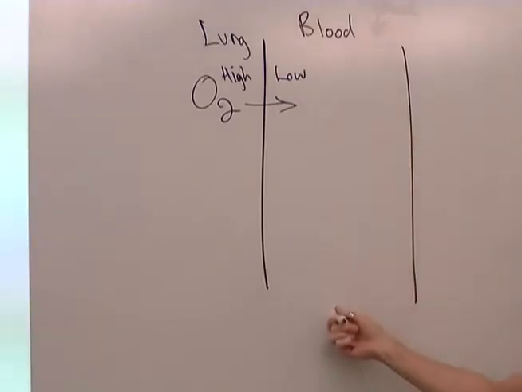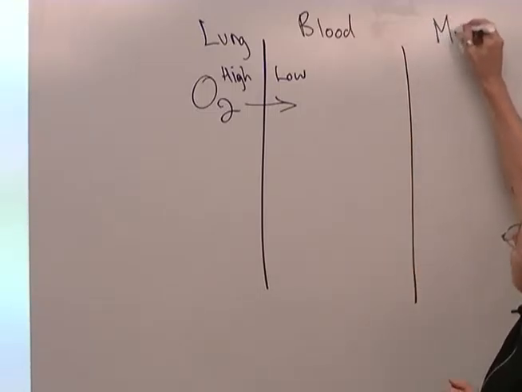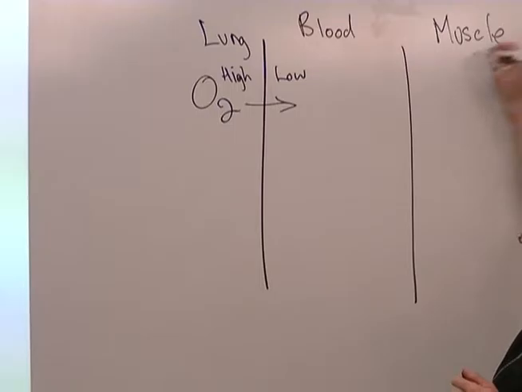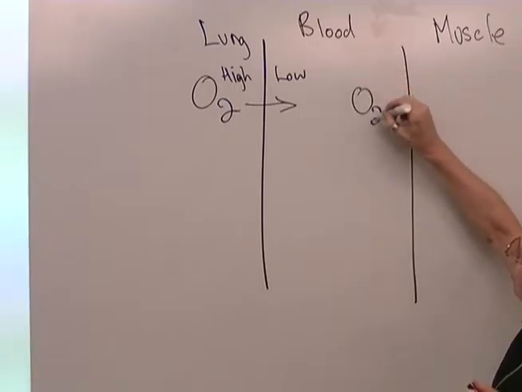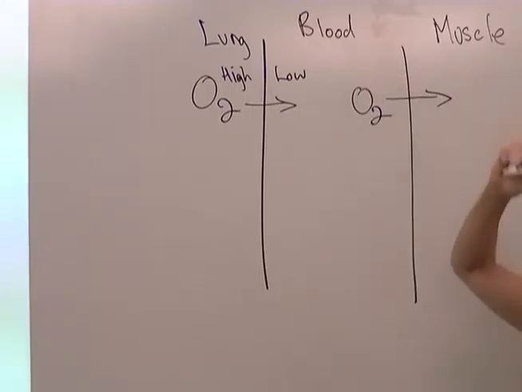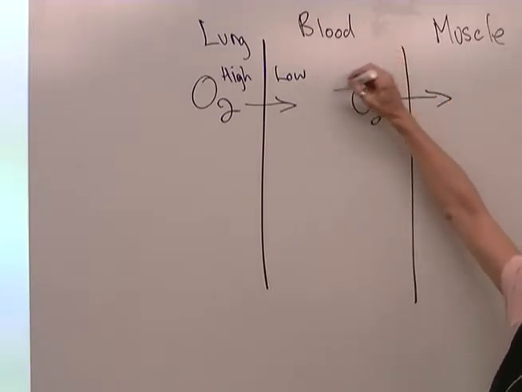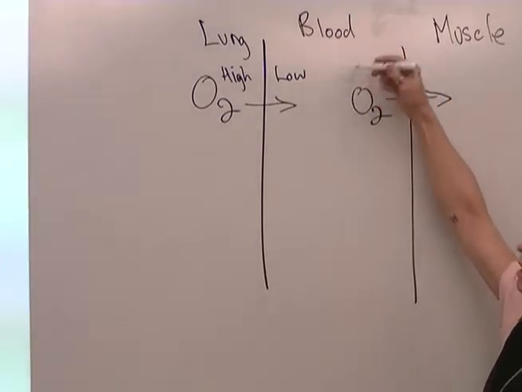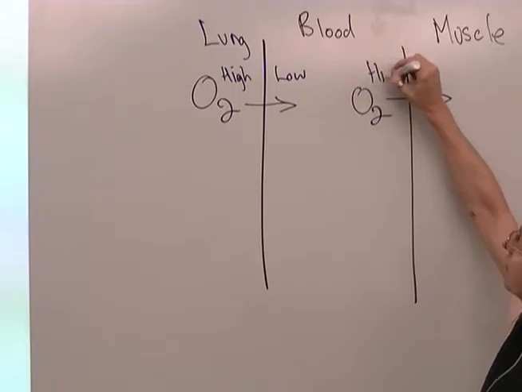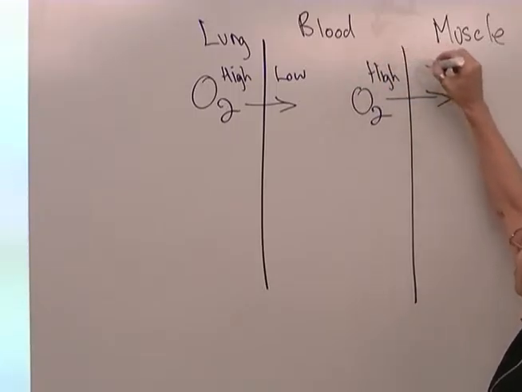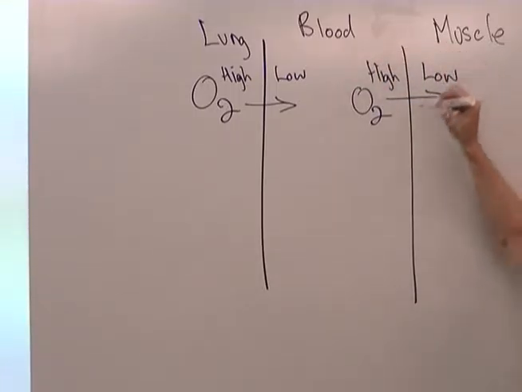When the bloodstream reaches the capillaries and it's wrapped around the muscle tissue, now we want our oxygen to move into the muscle tissue so we can make ATP, okay? Way back at the beginning of the semester. So now the comparison is, this is the same, right? But except now this is considered high and this is considered low.